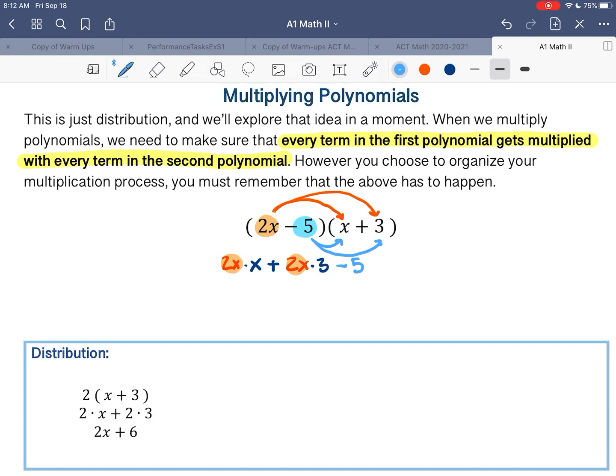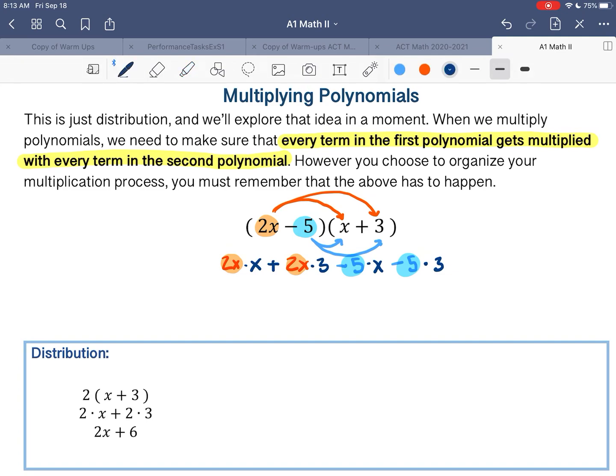I have negative 5 times x, and actually I'm going to delete that plus because it's going to be a minus, since I'm multiplying by negative 5. Here we go. So we have negative 5 getting multiplied by the x and the 3. Notice that we now have every term in the first polynomial multiplied by every term in the second polynomial.